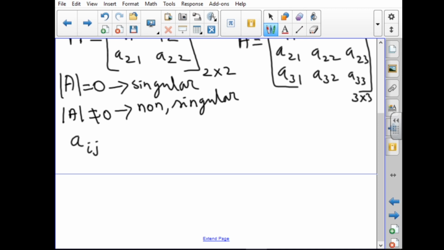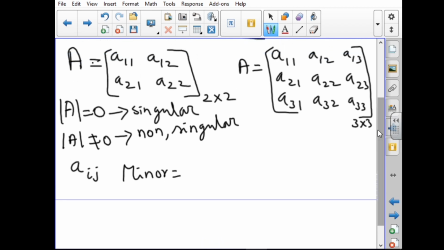Now we will see what are minors. A minor is the determinant of the submatrix got by deleting the ith row and the jth column. For a 3 by 3 matrix, the minor of A11 is obtained by leaving the first row and the first column.